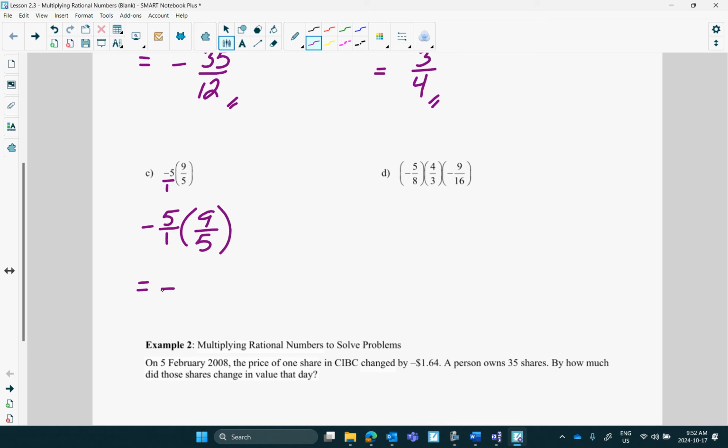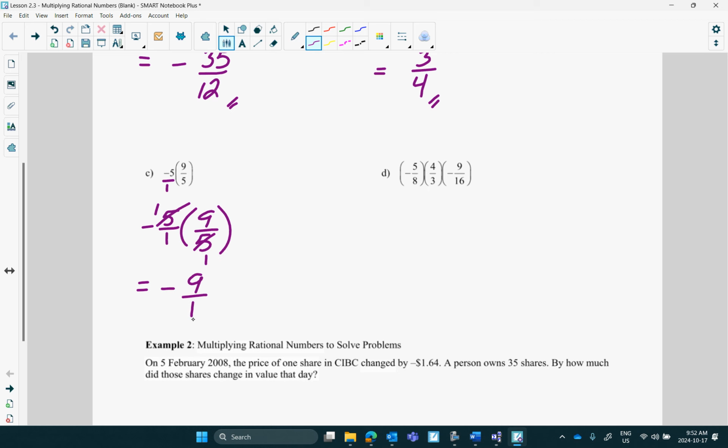Negative. Reducing. You reduce 5 and 5, both by 5. So I end up with negative 1 times 9 on the top, which is 9, over 1 times 1 on the bottom, which is 1.